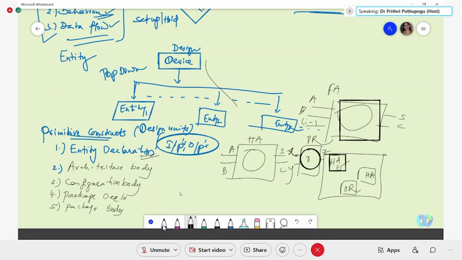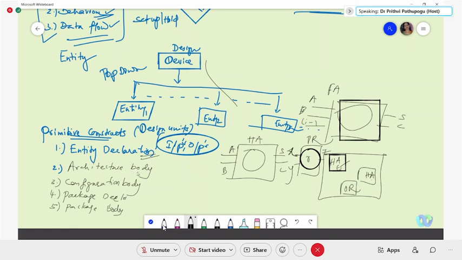The entity declaration only declares the number of inputs and outputs. That's all. It gives the information on how many inputs and outputs you have. And the architecture body is the major part, where it defines the hardware of the entity.